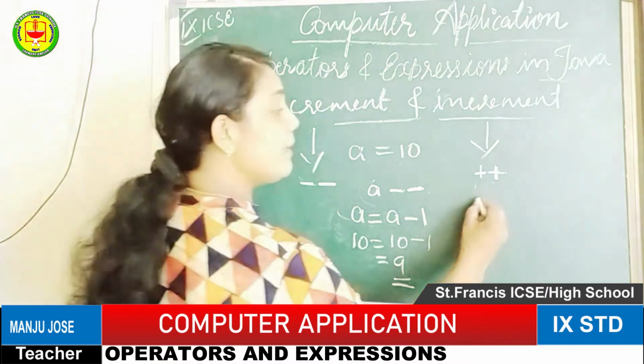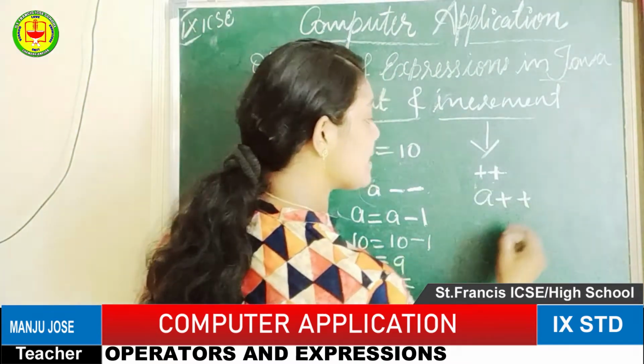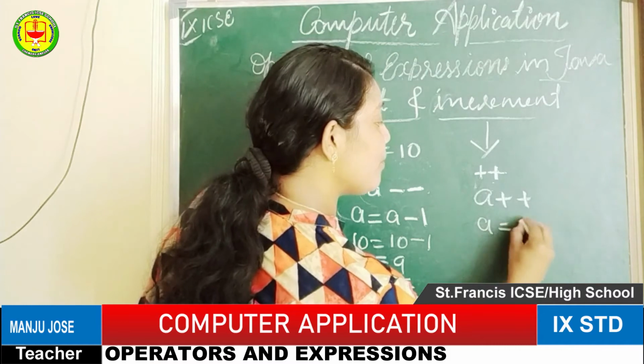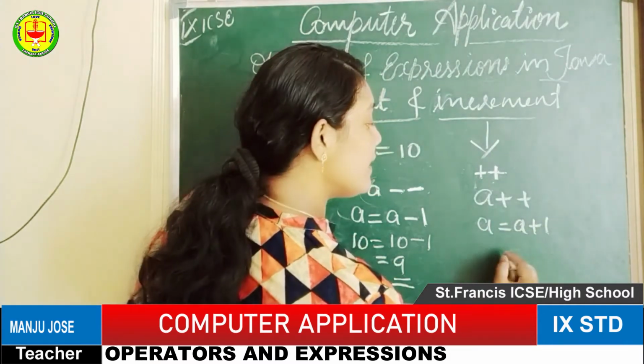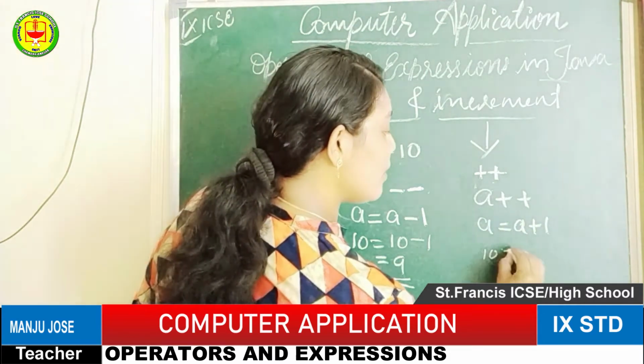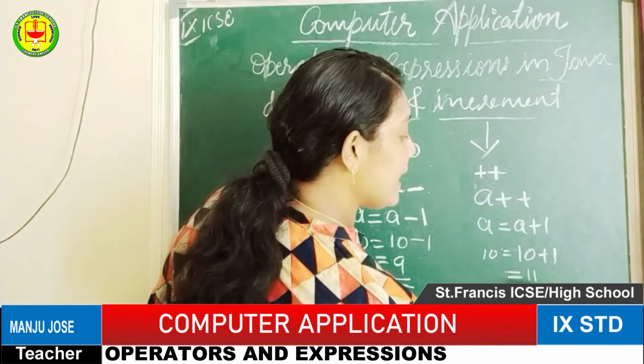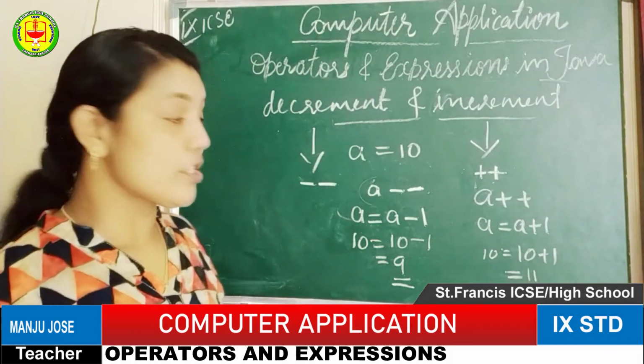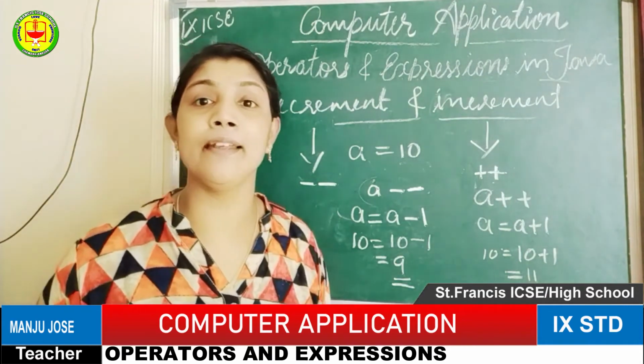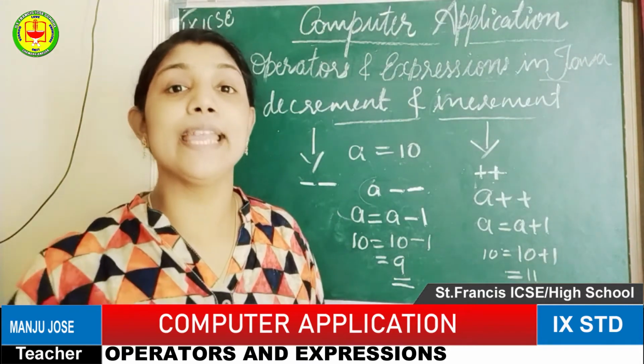So the example is a plus plus, which means a equal to a plus 1. That means 10 plus 1, and the value of a becomes 11. This is the way increment and decrement operators are evaluated.